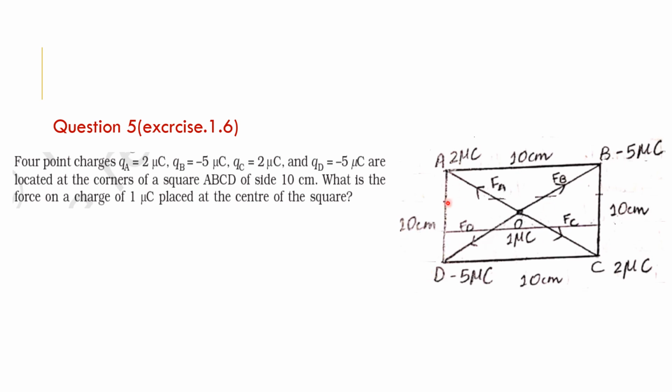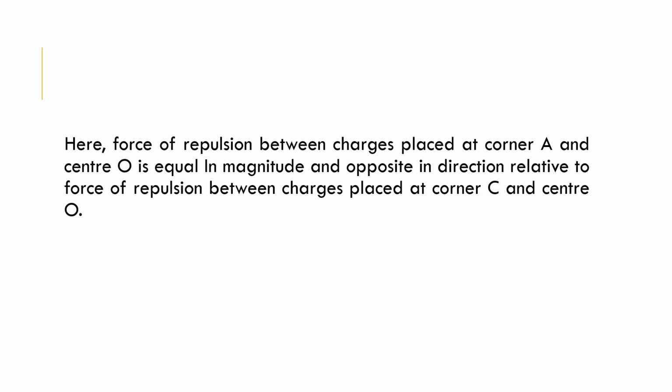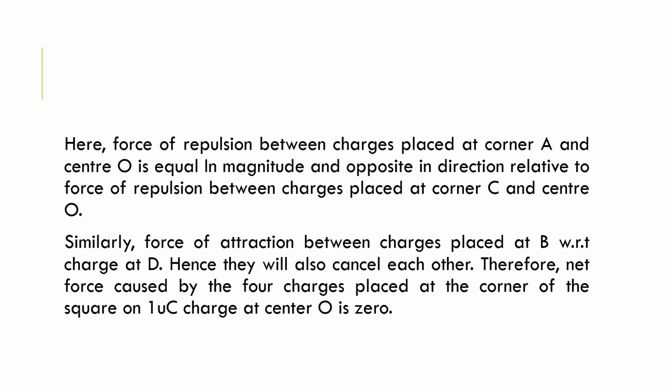So try solving this by yourself, just draw the diagram and solve it. I have given the answer, but still you try by yourself. Here the net resultant force will be 0 because all are cancelling each other. So the final answer will be 0.